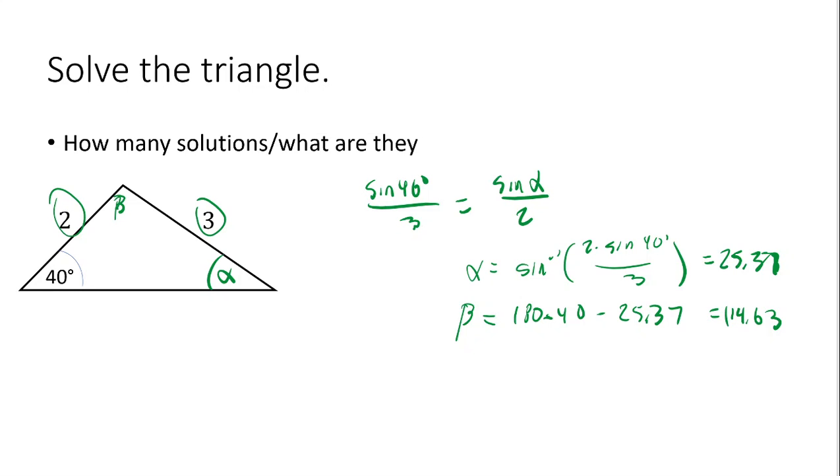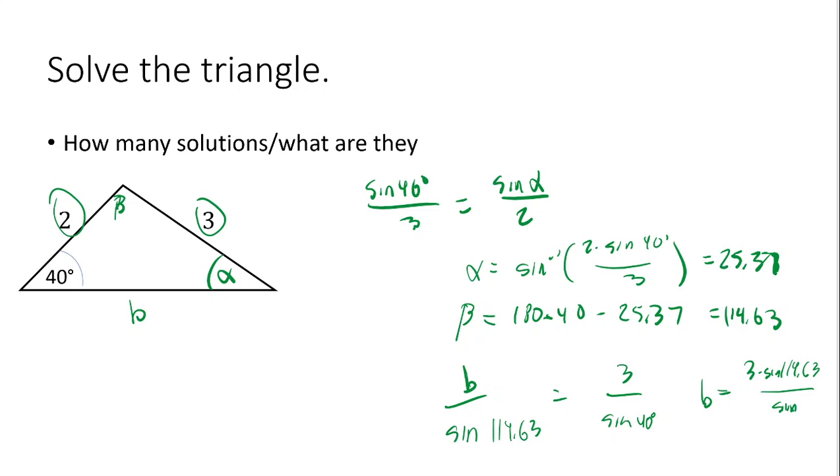And then we can use the law of sines again to find this side length over here. Let's call that side length B. So B is to the sine of 114.63 as 3 is to the sine of 40. So B would be 3 times the sine of 114.63 divided by the sine of 40.